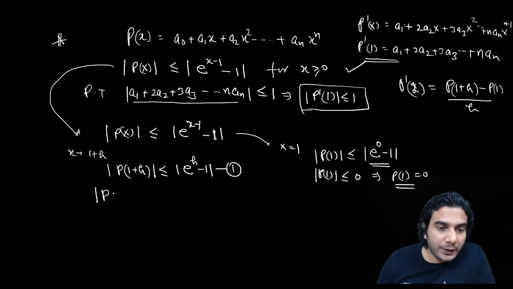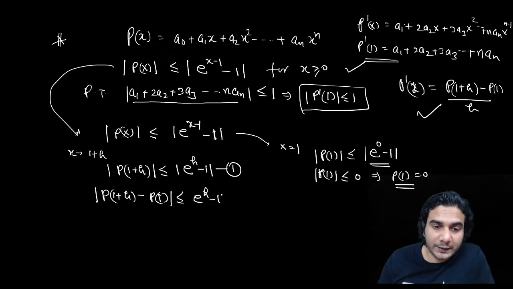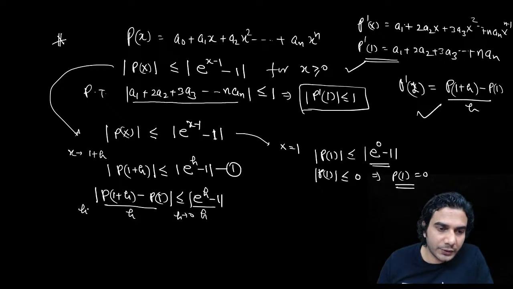So if I write p of 1 plus h minus p of 1, because I'm going to use this formula, p of 1 is 0, so I can subtract p of 1: mod of p of 1 plus h minus p of 1 is less than or equal to e raised to h minus 1. Now you can divide by h both sides. h is a positive number, h is approaching 0, or you can divide by mod of h if you have any doubt, and mod of h will be positive.